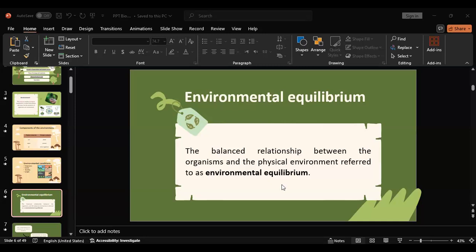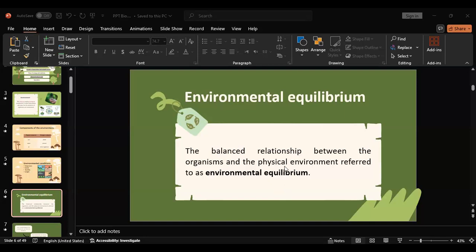Again, we have already taught you that there is interaction among the physical, biological and environmental conditions. Because of these interactions, different changes can happen, so the environment can make an equilibrium between those components. That's why it's known as environmental equilibrium.